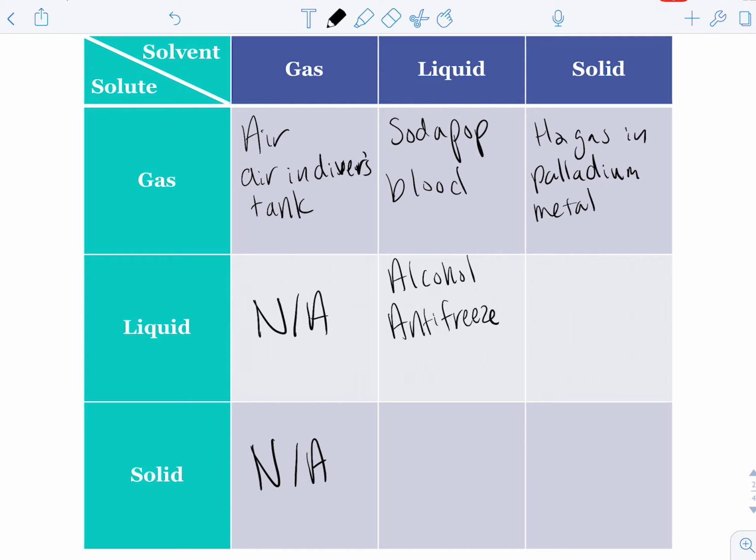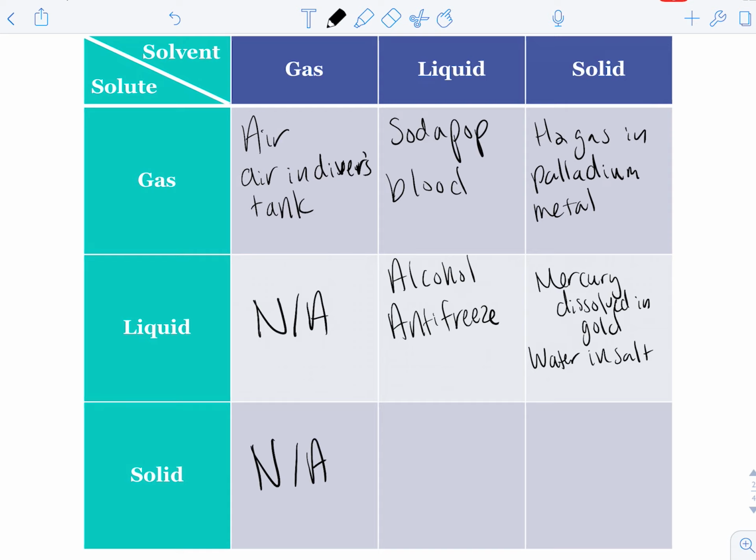For a liquid dissolved in a solid, mercury dissolved in gold. Another example is if we have enough water dissolved in salt, or enough salt with water in it, so if we have a hydrated salt.